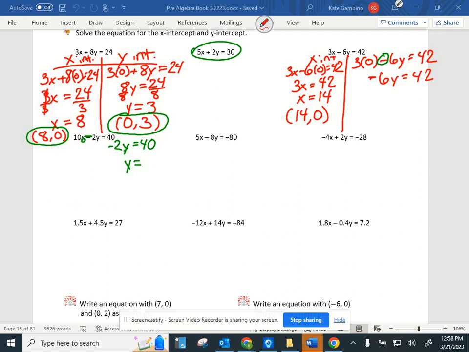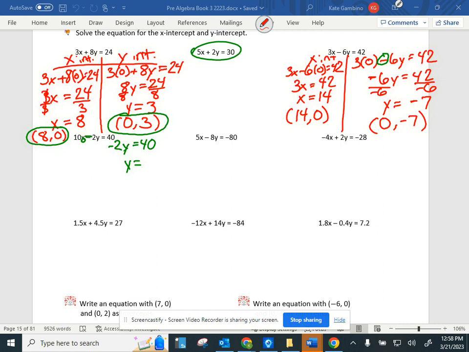So then we need to divide by a negative 6. So y equals not 7, but negative 7. And that's going to be a very different y-intercept between 7 and negative 7. So our y-intercept with x is 0, y is negative 7. Does that make sense? That is a very, very common mistake that people make. Do not forget that minus sign turns into the negative.